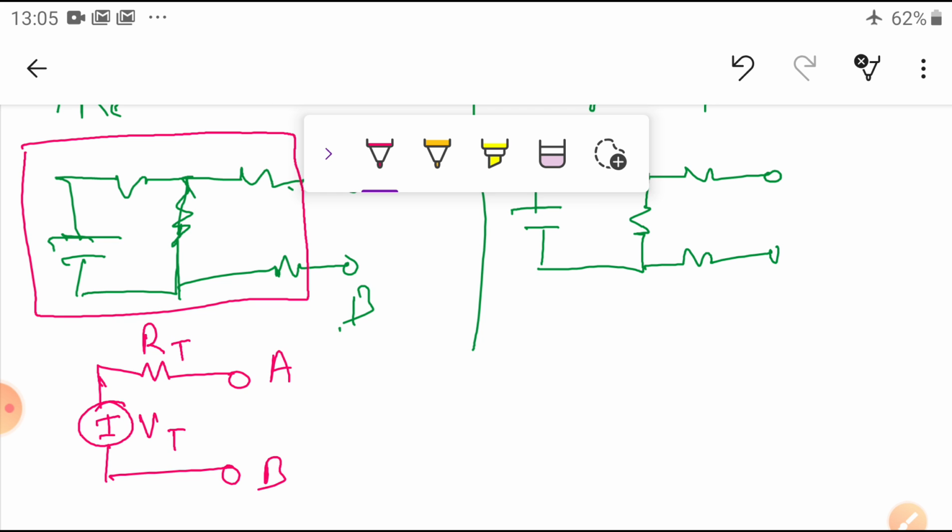This diagram represents it. How we calculate R Thevenin and V Thevenin, we saw in the last class.